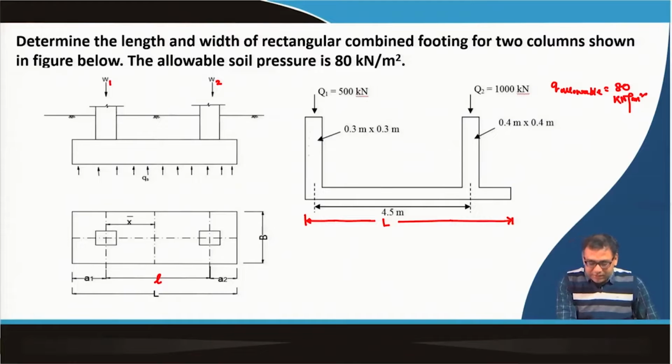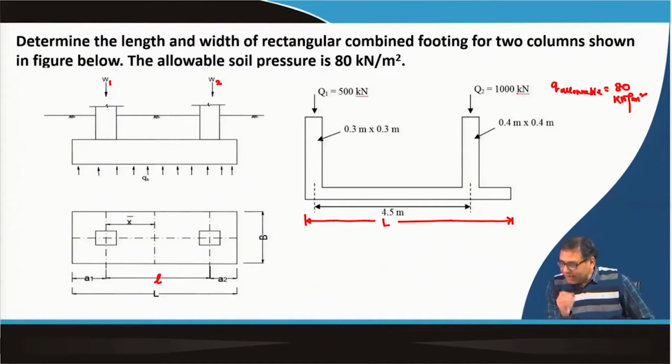One column is carrying 500 kilonewton, another column is carrying 1000 kilonewton. Now we have to calculate the centroid, the point of application of the resultant load. That means W1 and W2 loads are acting, so what is the point of application of the resultant load?